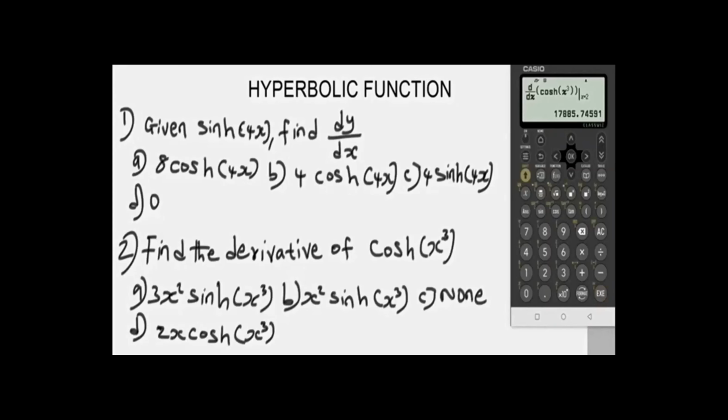Any option that gives us 17,885 will answer this question. Let's go back. Let's begin with option A. So we have 3x, shift and this 0 button, square. Alright, sinh. Okay, that's a hyperbolic function. Go to catalog, navigate down.